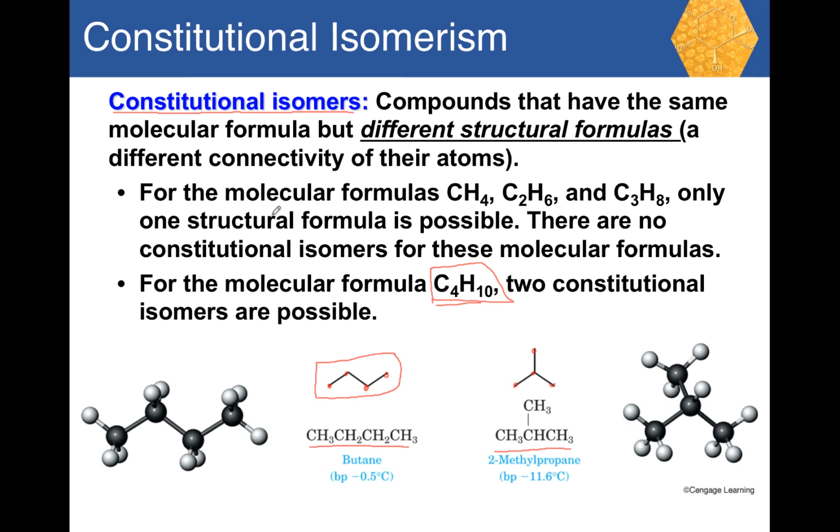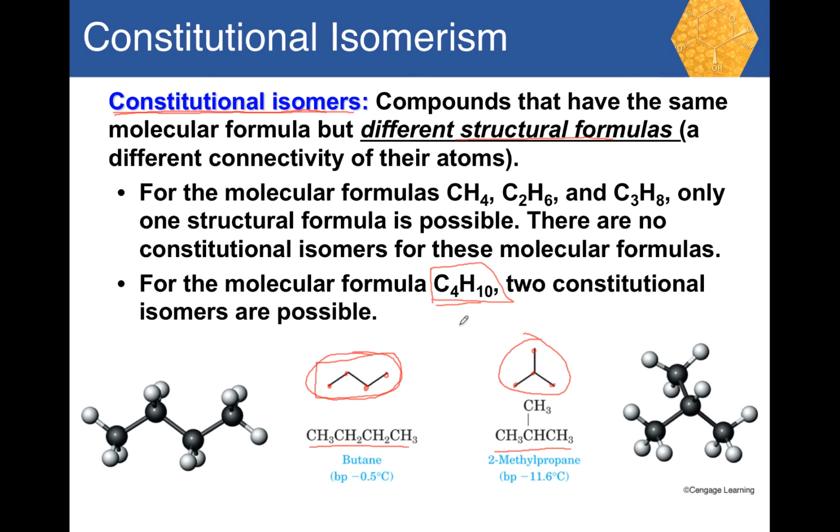To be more specific, they are constitutional or structural isomers. Now, the term that's used primarily in this text is constitutional isomers, but you may see also structural isomers. Same definition. So these two molecules here, they are isomers.